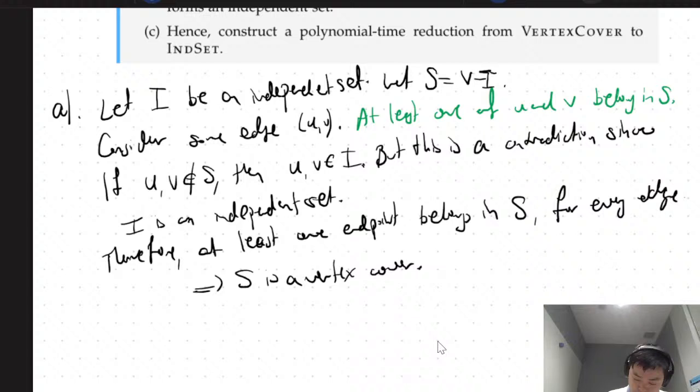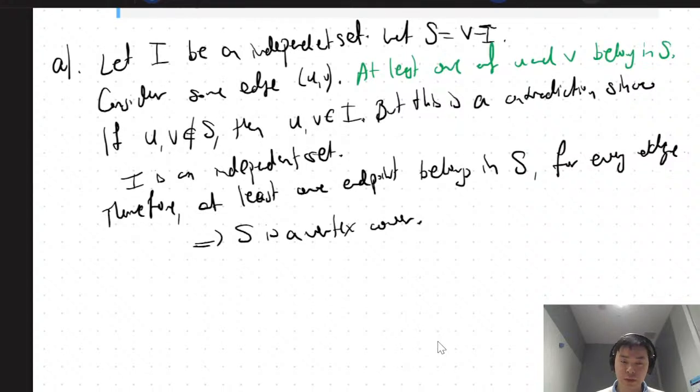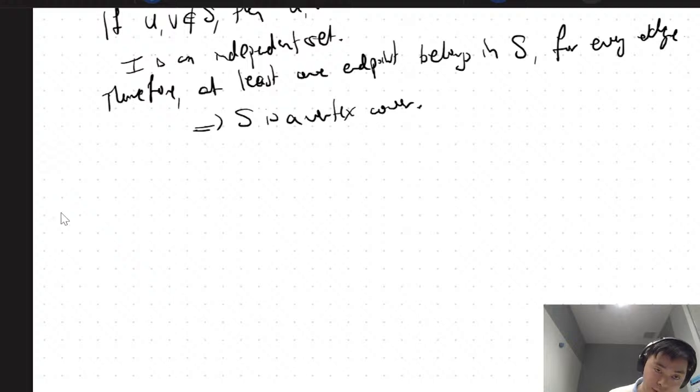Does this make sense? Are there any questions with this argument? If there are no questions, then we can quickly prove the other direction.